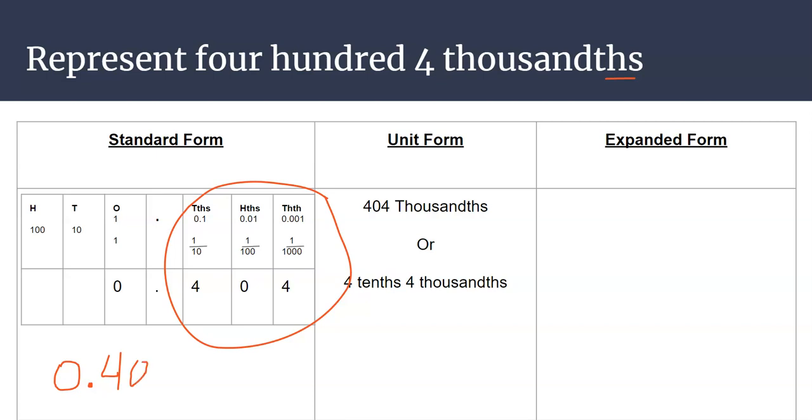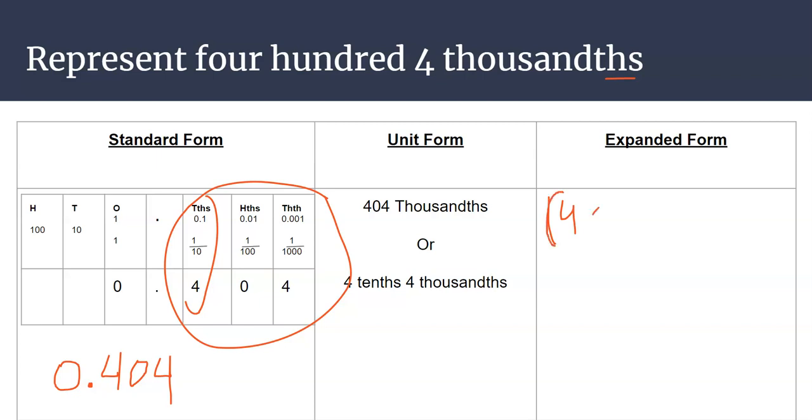0.404. So I have 404 thousandths. In unit form, I could write this as 404 thousandths, or I could write it as 4 tenths, because I have my 4 tenths, and 4 thousandths, because I have my 4 thousandths. In expanded form, we can write this as 4, ooh, that looks kind of like a 1, but that's a 4.